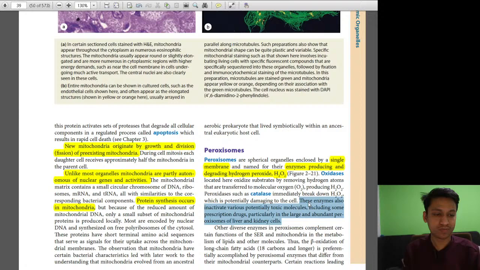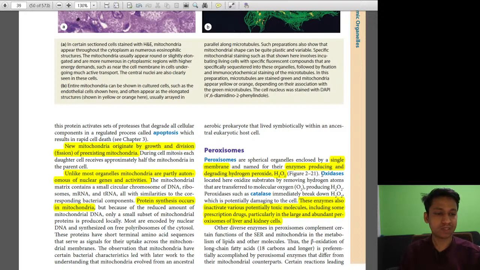I don't think we are required to remember this chemical reaction, but it's a basic chemical reaction for the production of hydrogen peroxide. Other diverse enzymes in peroxisomes complement certain functions of the smooth endoplasmic reticulum.